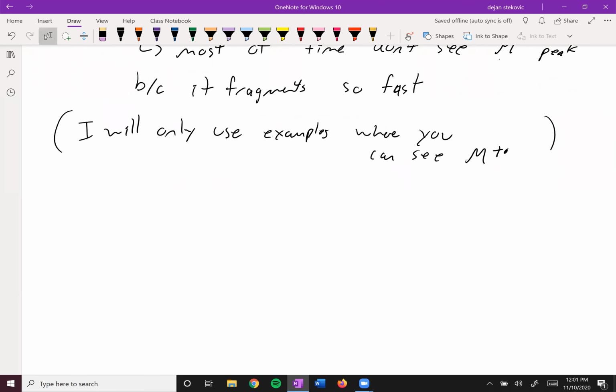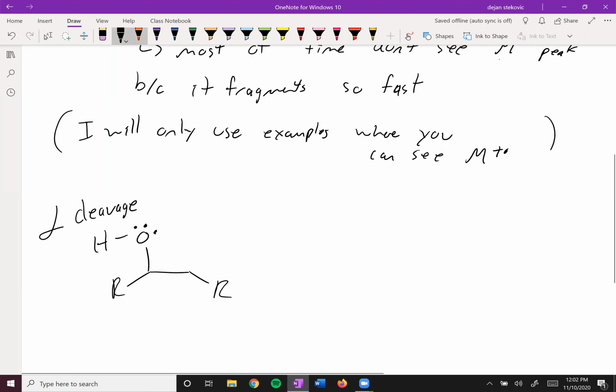And so the first type of fragmentation it can undergo is alpha cleavage. Here, when we bombard our compound with electrons, instead of taking out an electron that is bonded to something, we're actually going to take out an electron in one of the lone pairs, right? And so we have a cation here.